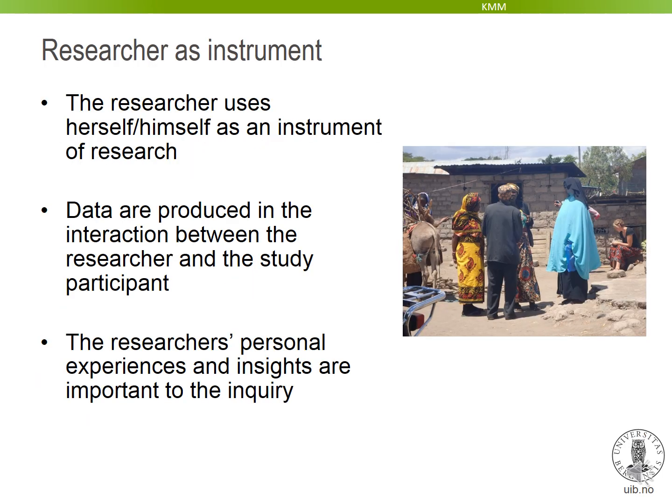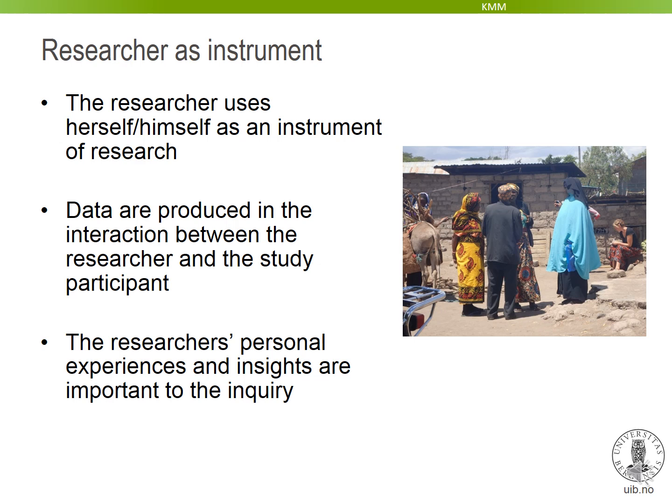Unlike a questionnaire-based study, where the questionnaire is the main instrument of research, it is the researcher herself or himself that is the main instrument in a qualitative study. Now, what does this mean? The researcher is very central, and the data are produced in the interaction between the researcher and the study participant.